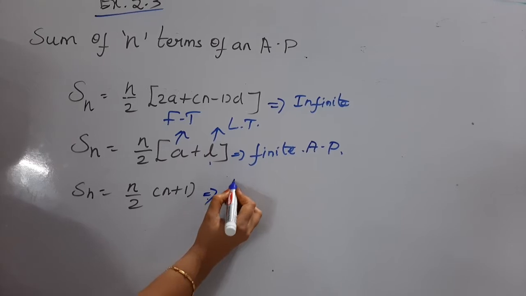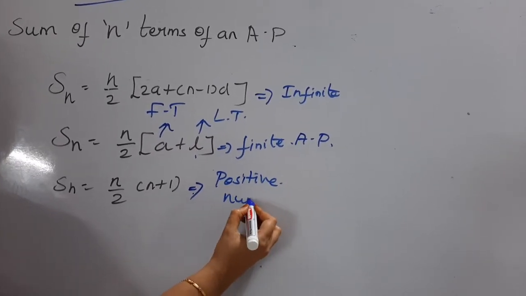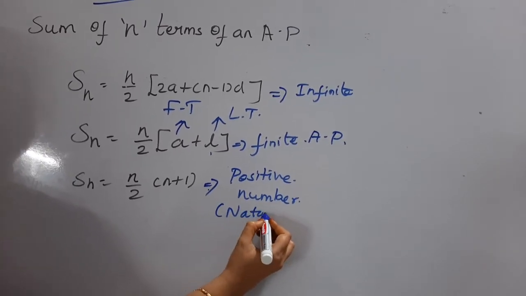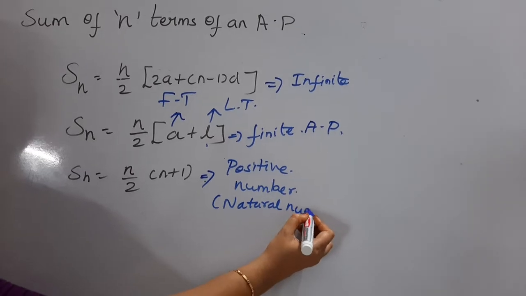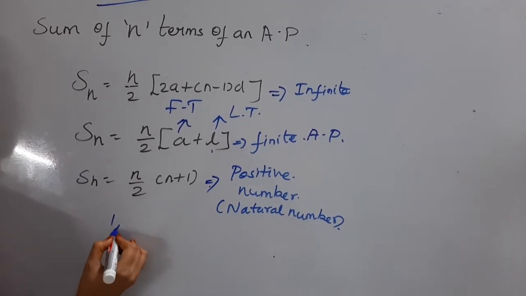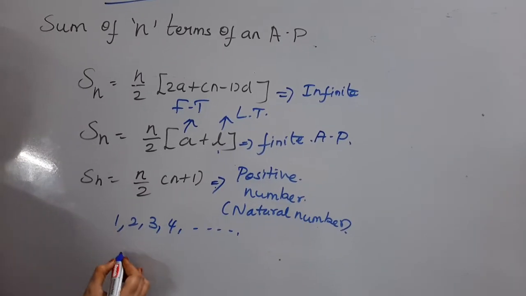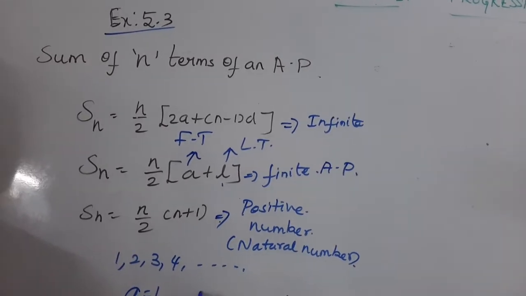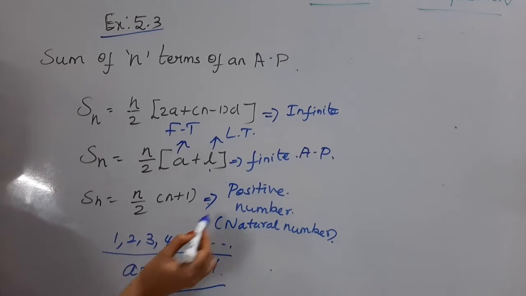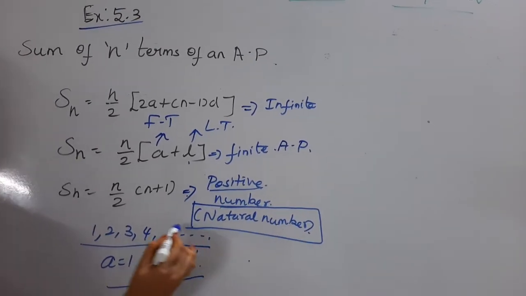If the given series is of positive numbers, which is your natural numbers, we can say that the series is natural numbers if it goes like 1, 2, 3, 4, etc. Or if the first term is 1 and the common difference is also 1, then this series is called the series of positive numbers, or in general the series of natural numbers.